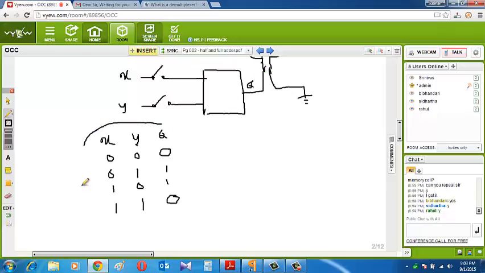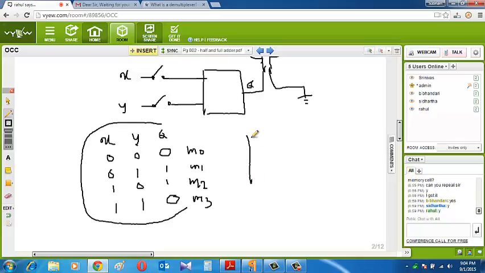Okay, we make a truth table. Now number the rows: M0, M1, M2, and M3. Now make a Karnaugh map. A two-variable Karnaugh map.